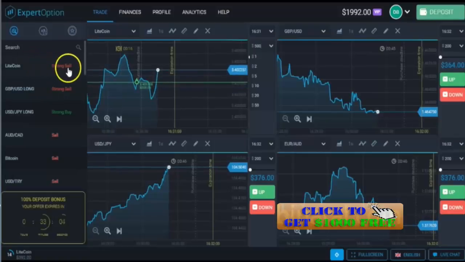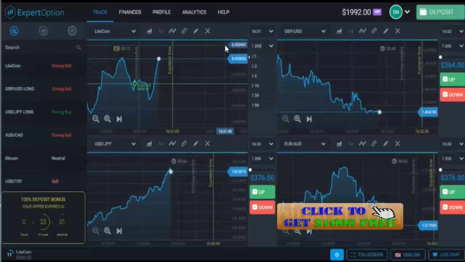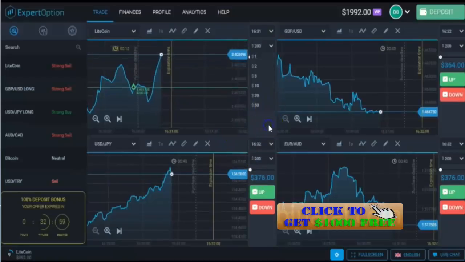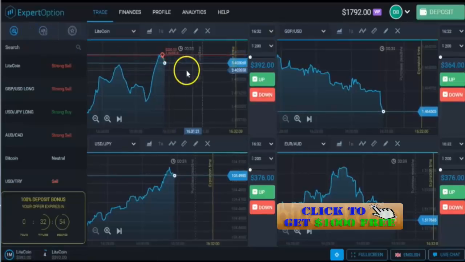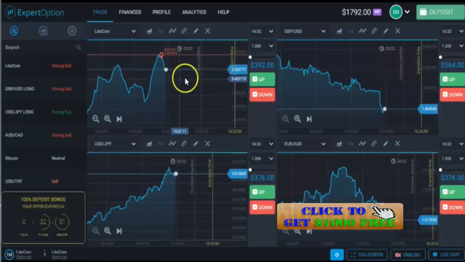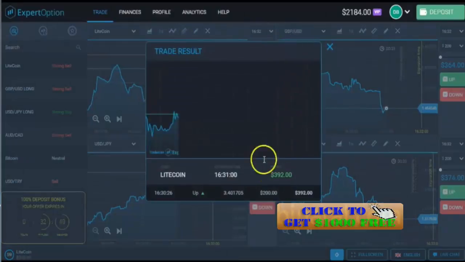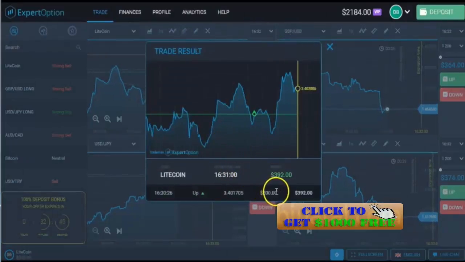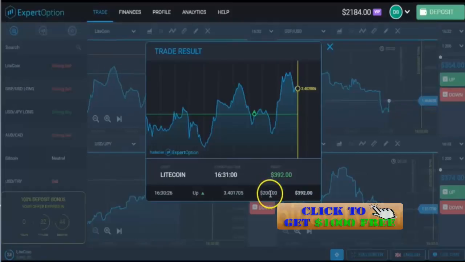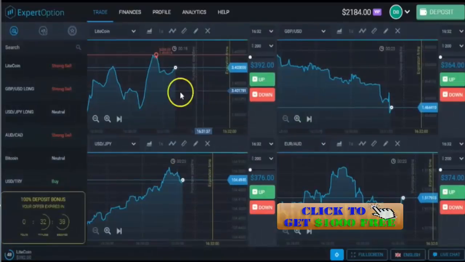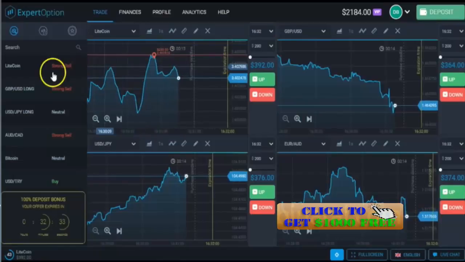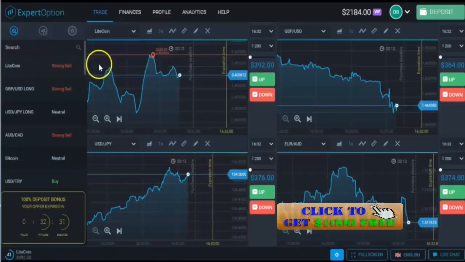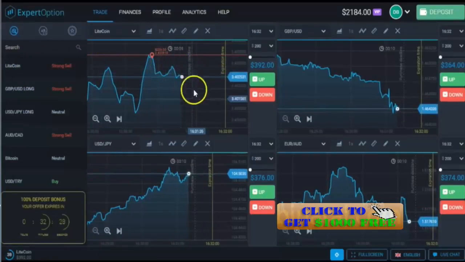We see the signal to strong sell, so we can make another down bet here, right? Here we have won the previous bet of $200, and we have $392 in our account. This is clear profit. And we made another bet of $200 according to this signal on the Litecoin graph.